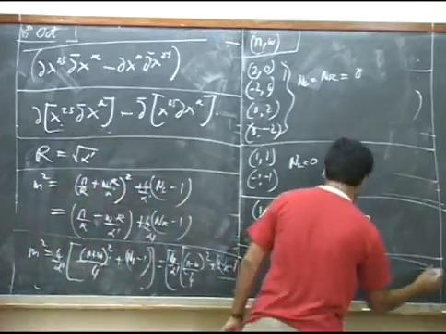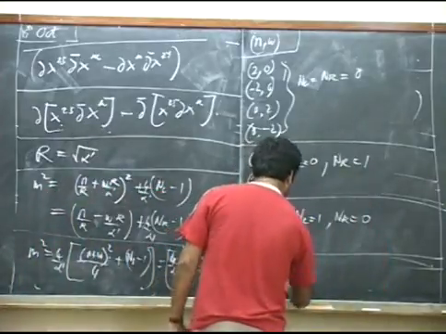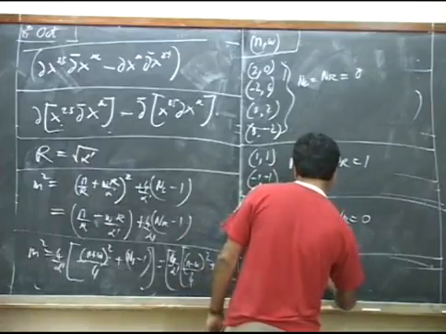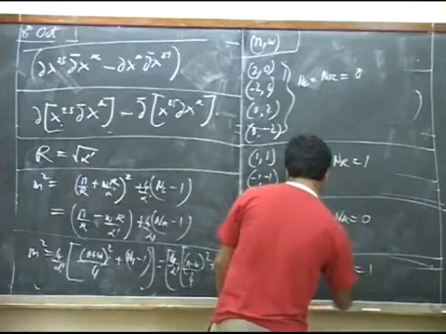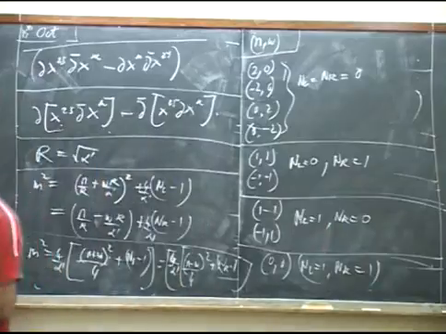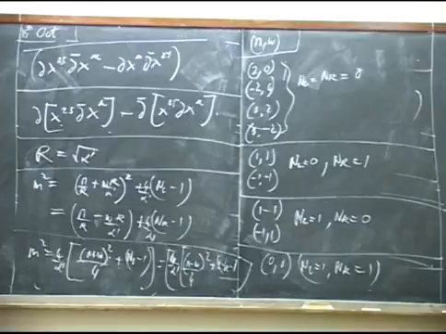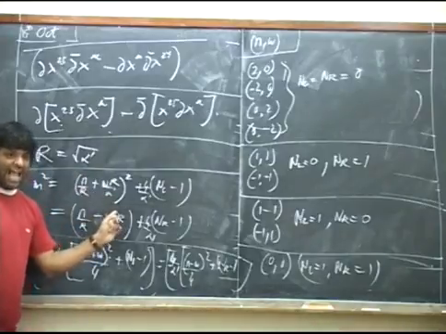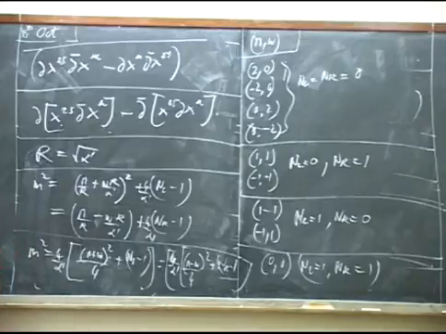And then finally there's 0, 0 with NL equals 1. This is a comprehensive list of the ways in which you can get massless particles at the special value of the radius.